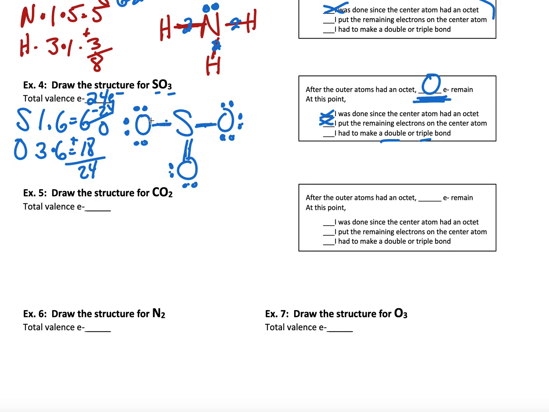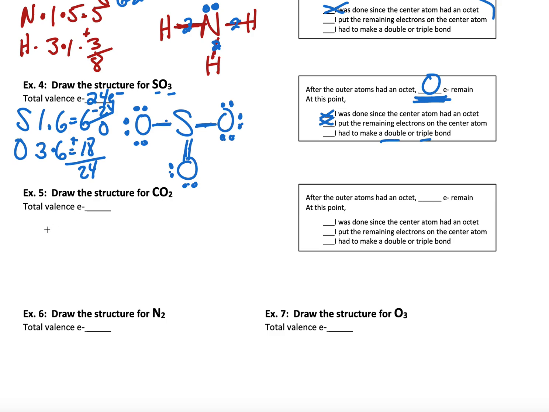So now I have 6 around this guy in a single bond, 6 around this one in a single bond, but only 4 in a double bond. I wouldn't have known to do that if I didn't realize that I had none left and that center atom wasn't happy. So that's how we know to convert unshared electrons into double or sometimes triple bonds.